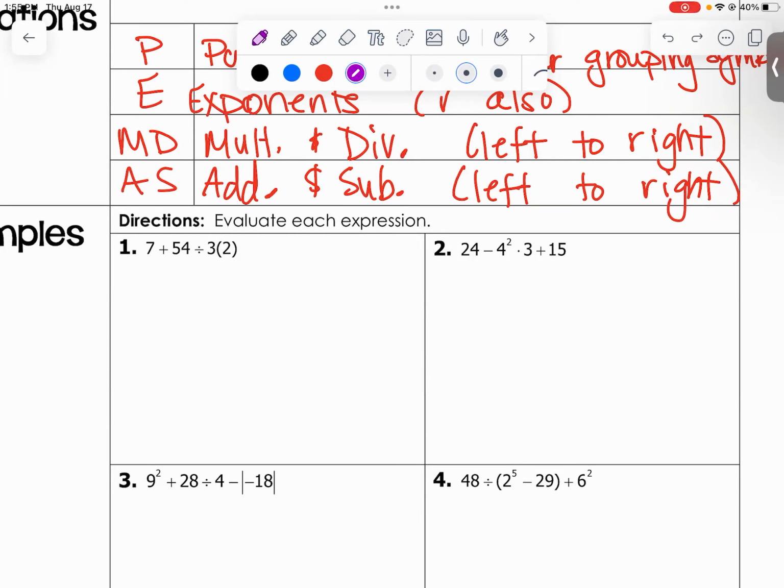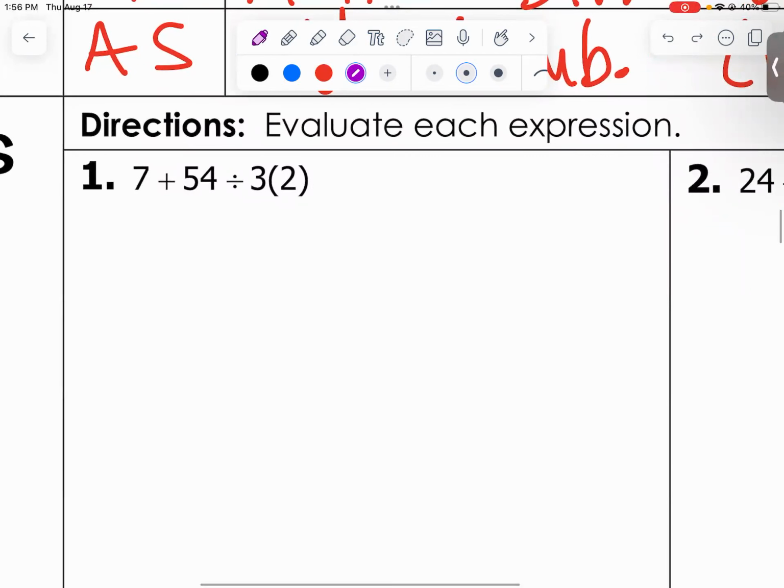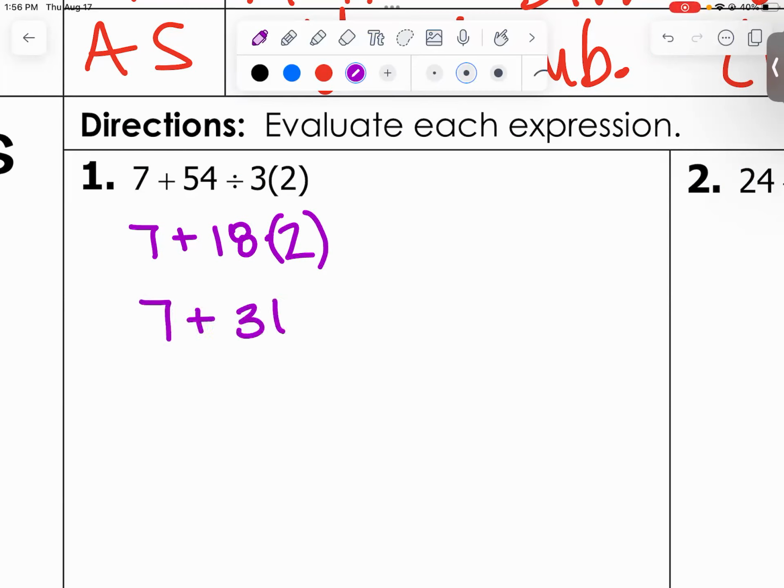Okay. Let's see. Ellery, were you a 1 or a 2? You were a 1. So Allison, could you describe to me what Ellery told you to do for number 1? Okay, so you have 7 plus 18 times 2. Then what? 18 is, and then 36 plus 7.